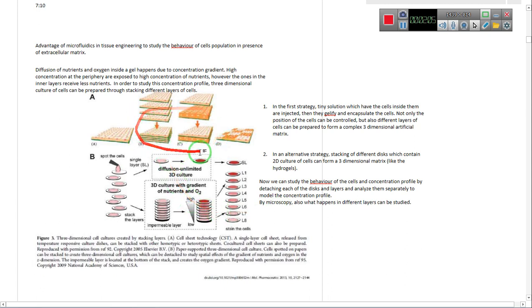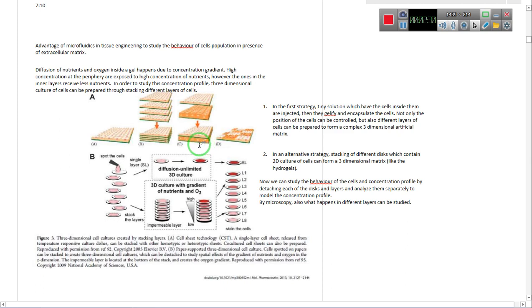When we are dealing with these cells, the supply of nutrients and also oxygen happens due to diffusion. If we want to have a quantitative measurement of the amount of nutrients and oxygen which have been diffused for different cells, we can use two different strategies.